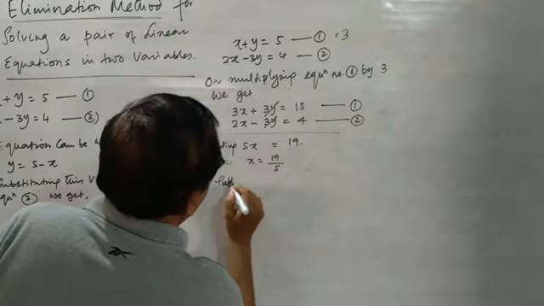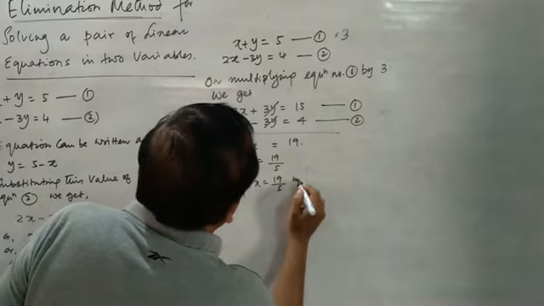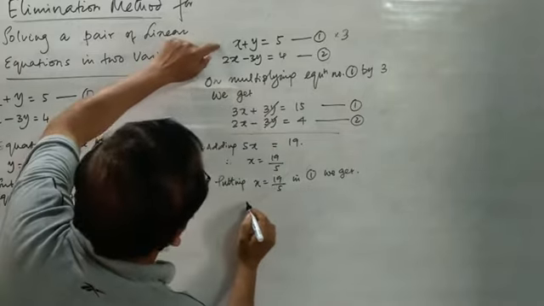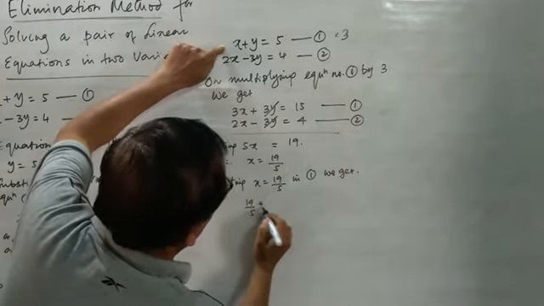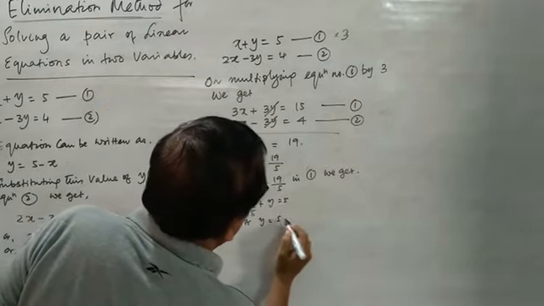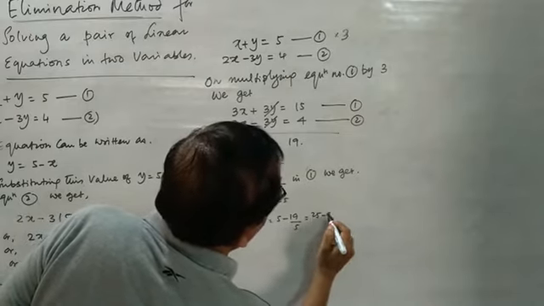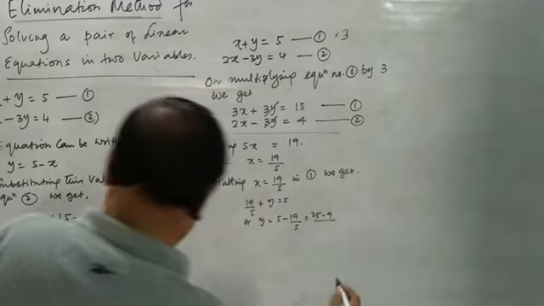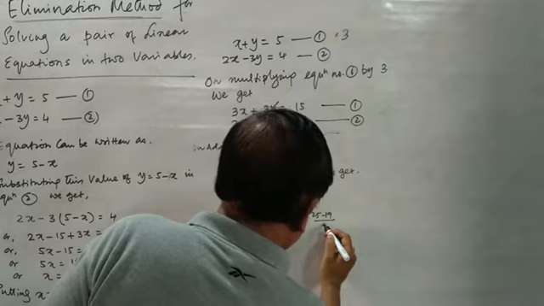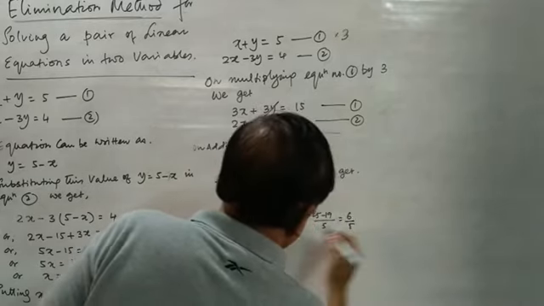Putting x equals 19 by 5 in 1, we get, 19 by 5 plus y is equal to 5, or y is equal to 5 minus 19 by 5, that is 25 minus 19 by 5, and that will give us 6 by 5.